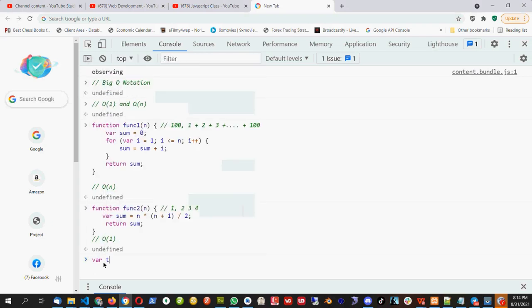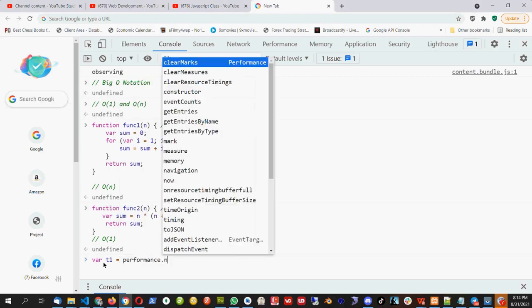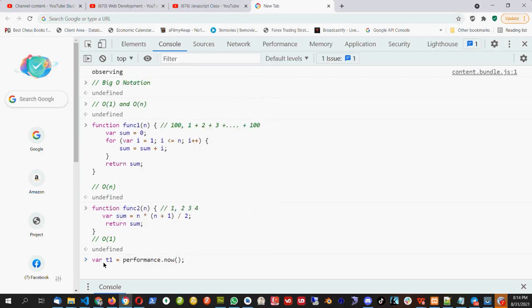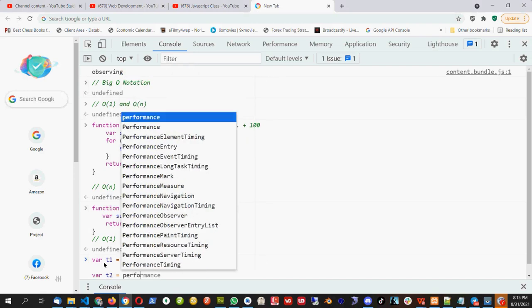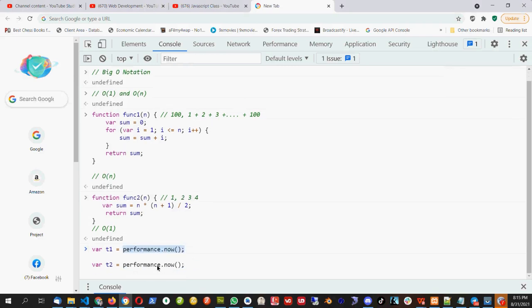For example, I will say var time1 is equal to performance.now. Don't worry about this statement. And I will put another one for time2, which will also be performance.now. Don't worry about what I am writing now, because I haven't told you about it and it is not important.